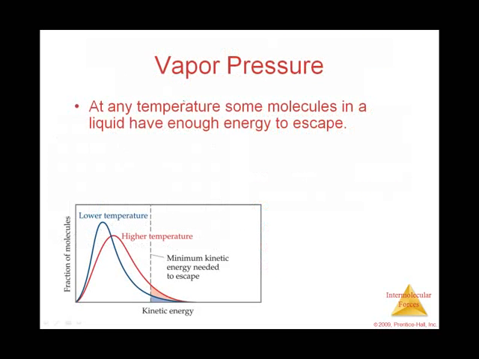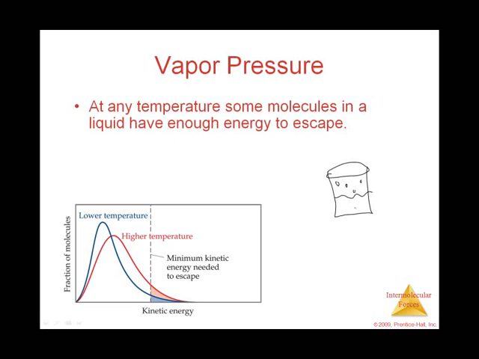Another property that's similar to boiling point is vapor pressure. So if I have a liquid, let's say I have a water bottle with water in it, there's always going to be some amount of water molecules in the vapor phase as a gas, right?